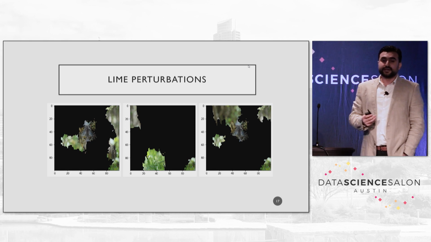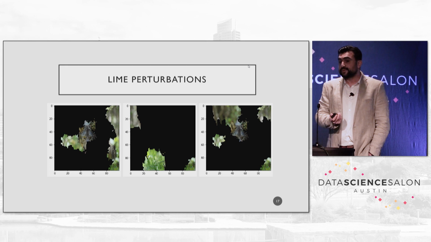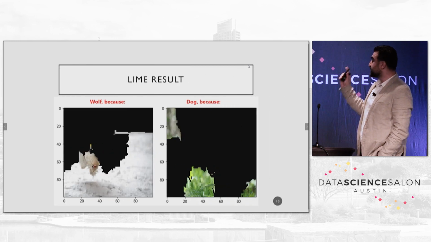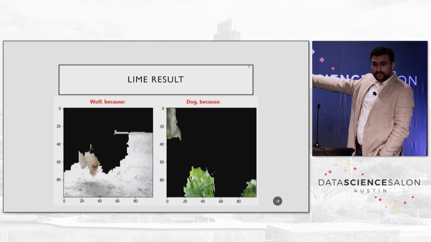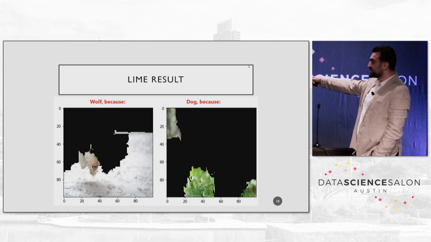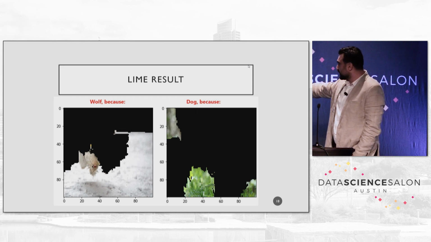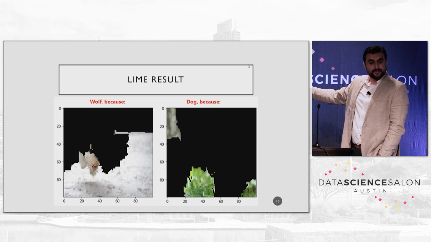Then we are presented the following picture by the LIME algorithm, which says the first image is a wolf because of these attributes, and the second image was a dog because of these attributes of the image.